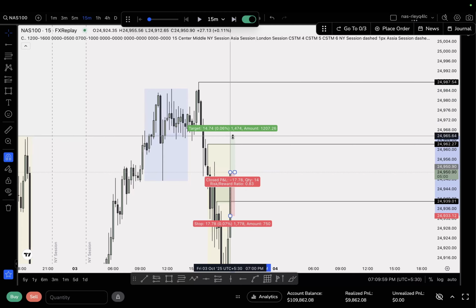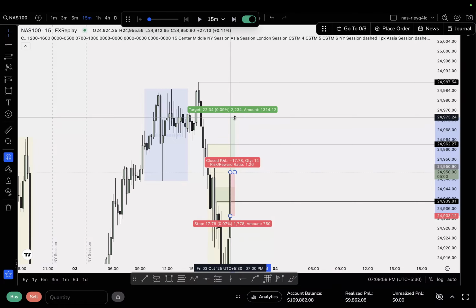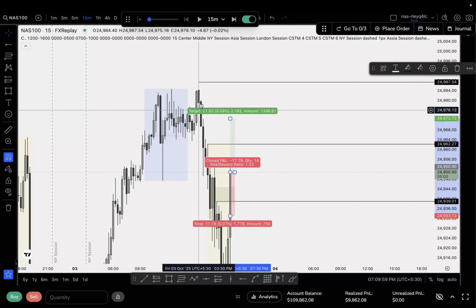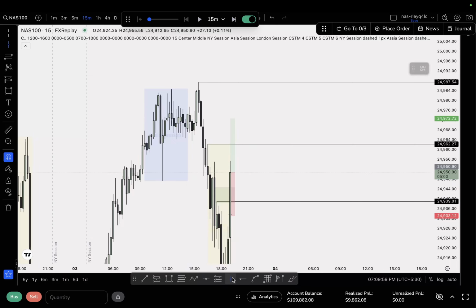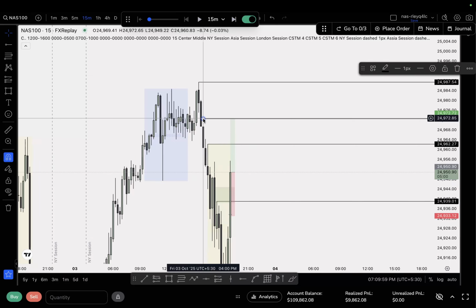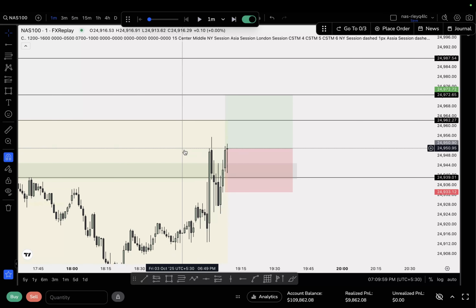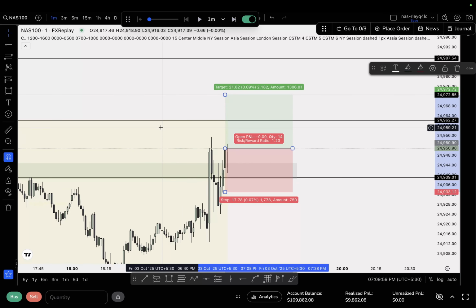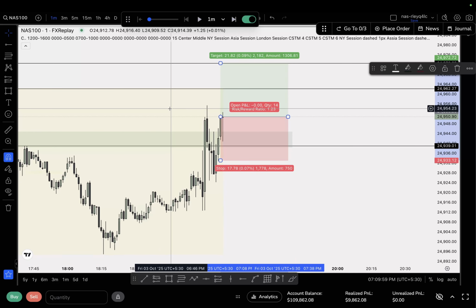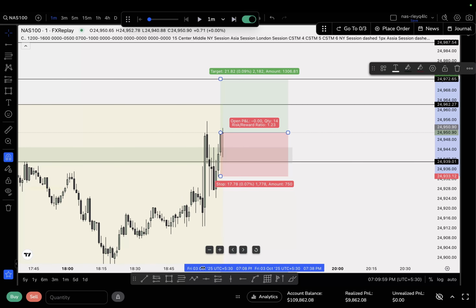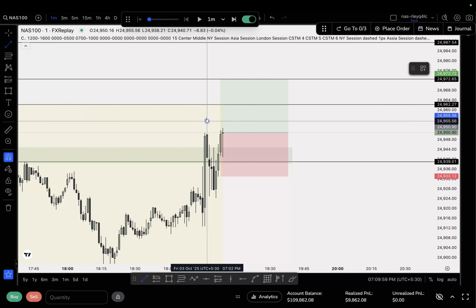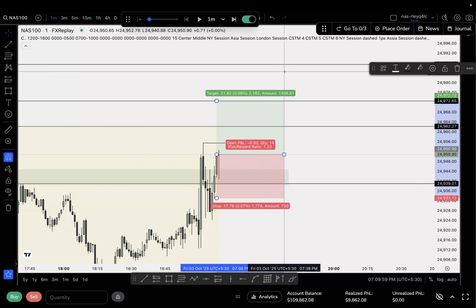There's an unfilled gap right here on a 15-minute. Can target this high. I don't like this actually. It might easily wick me out, so a quick break even right here. I need volume to push it.